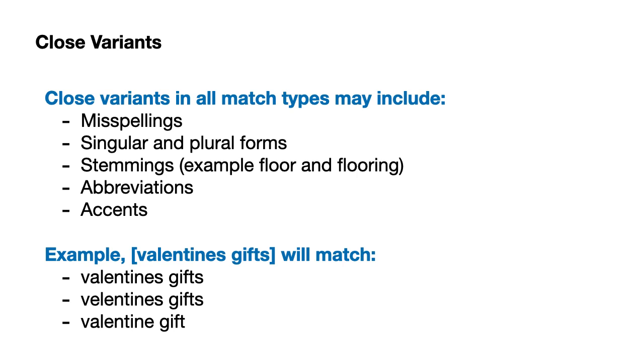So singular to plural, plural to singular, and the misspellings of Valentine's gifts as well. You should also keep in mind that the exact match type will ignore function words such as to, for, and reordered words with the same meanings.